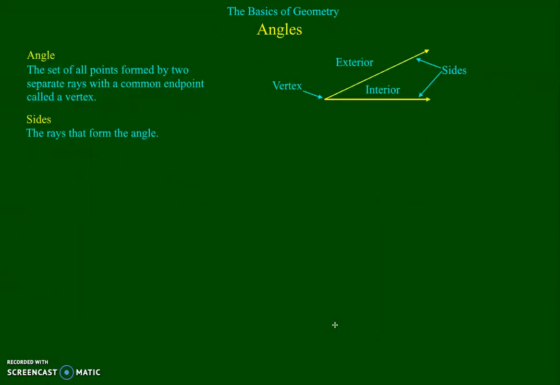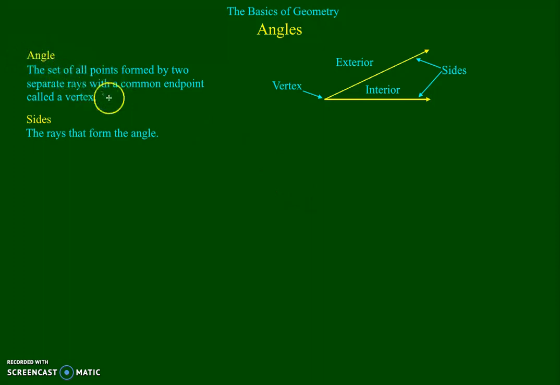In this section, we're going to be talking about angles. Now, as you probably already noted, the list of defined terms that we're generating is increasing fairly rapidly. There's a great deal of vocabulary that's introduced in the introduction to geometry, and that's because we need a working vocabulary to be able to do any useful work. And so our next set of terms is going to start with angle.